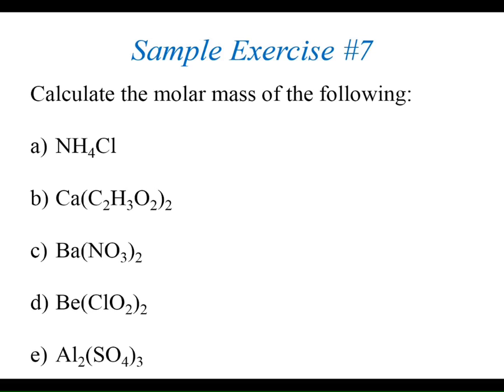So NH4Cl, I'm going to add up all the elements in there. So I have 1 nitrogen, right? I have 4 hydrogens, and I have 1 chlorine. So what's the mass of nitrogen? 14.01, I think.